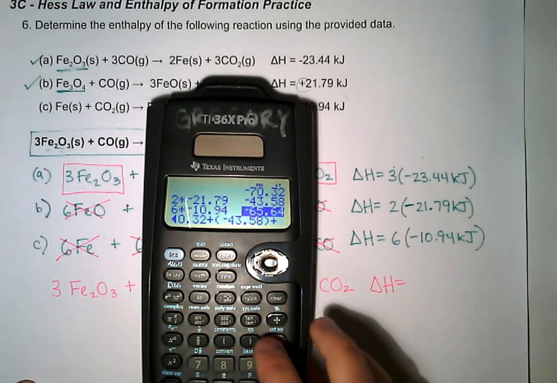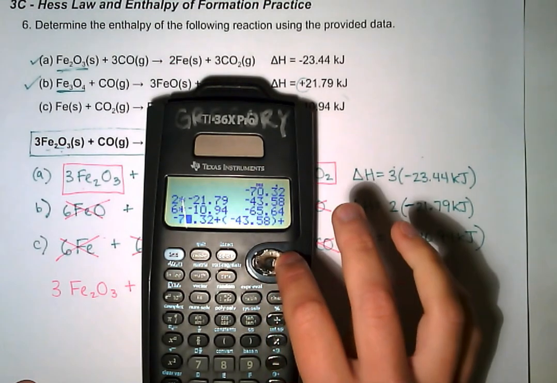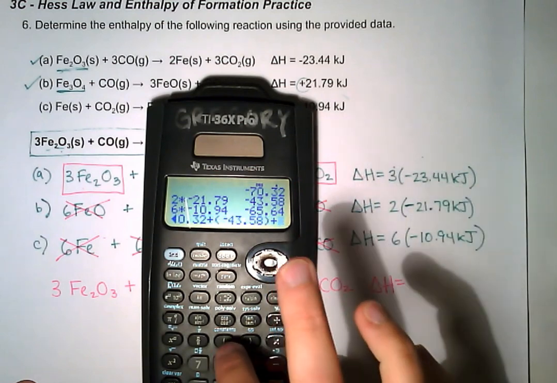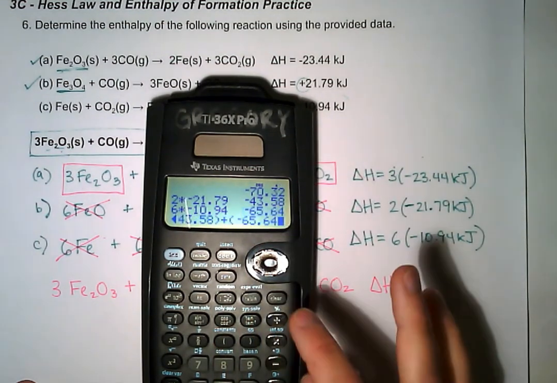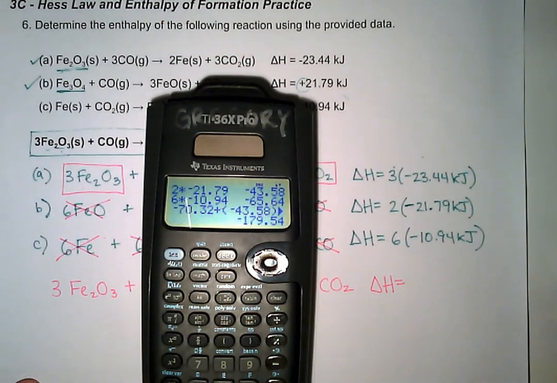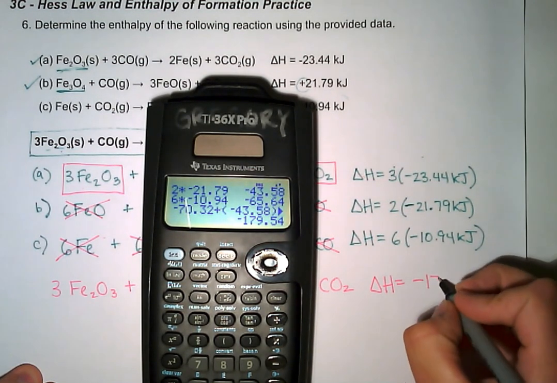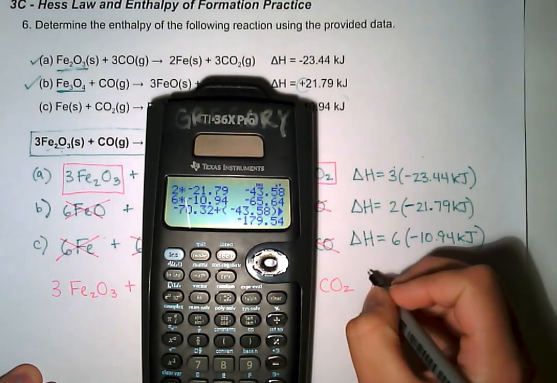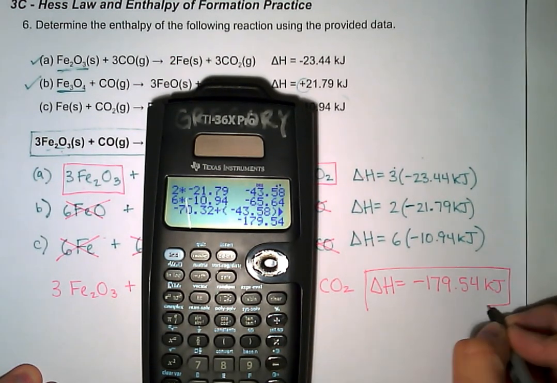Plus that one. Oh, I need to open some parentheses though. Let's keep going, go over in my calculator, open parentheses, enter, close parentheses, hit enter, and I got negative 179.54 kilojoules. And I will box that in as my final answer.